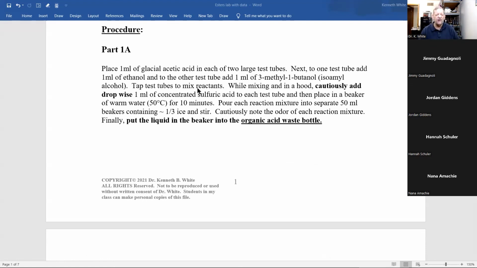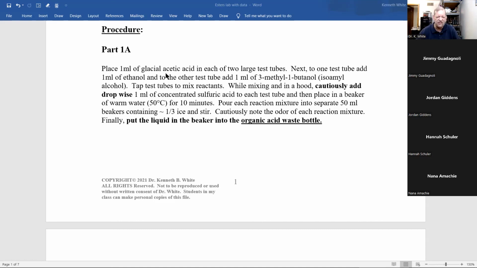Now, we tap it a little to mix it, and then we would add, I forgot to mention, each of the test tubes has 1 milliliter of glacial acetic acid. The term glacial means pure, like an iceberg, a glacier, and I guess that's where it came from.